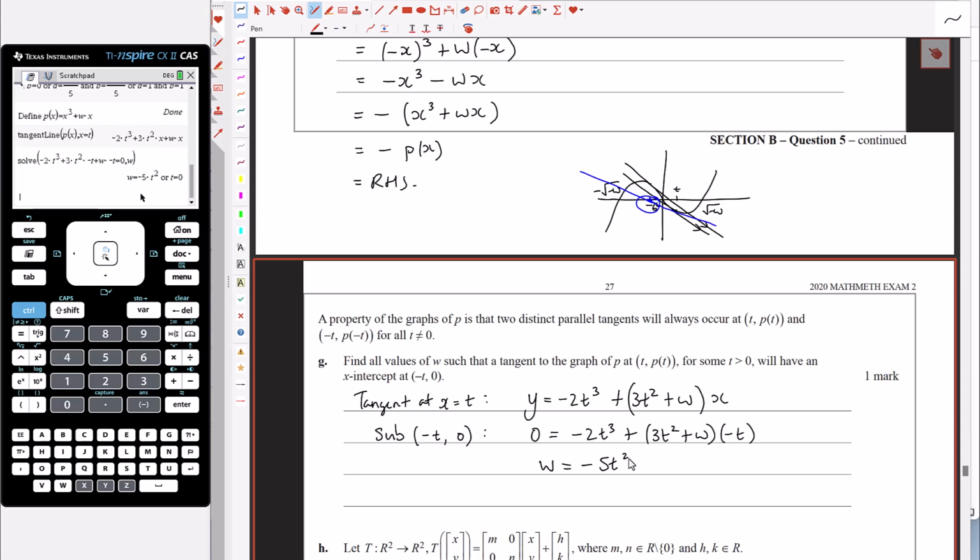And since t has to be bigger than 0, t squared is then bigger than 0, multiplying that by negative 5, that means that w will be less than 0. Sorry, got myself in an undo loop.